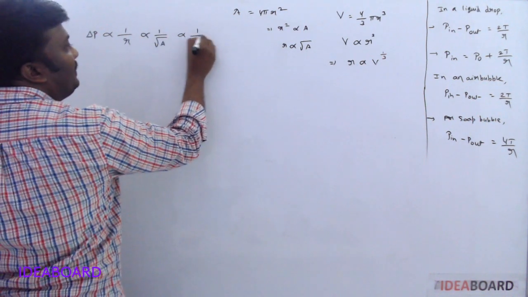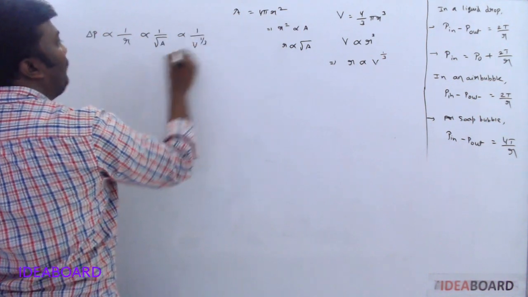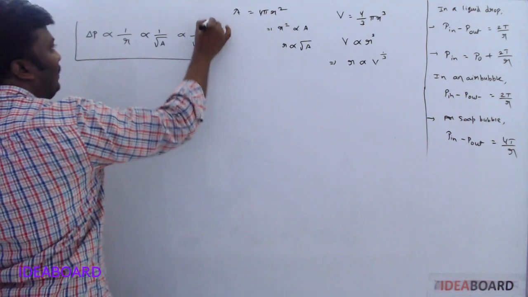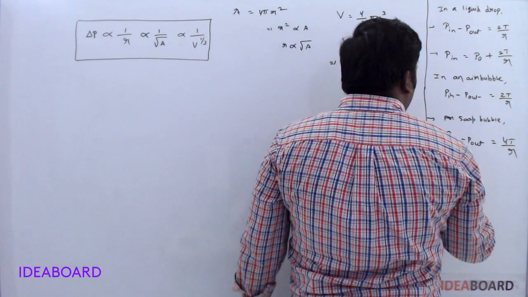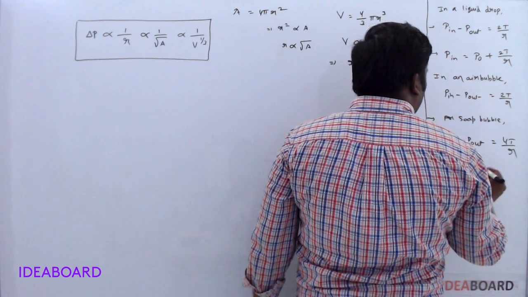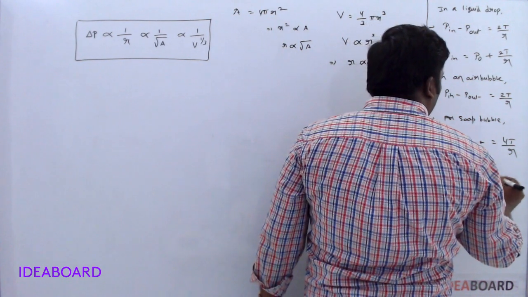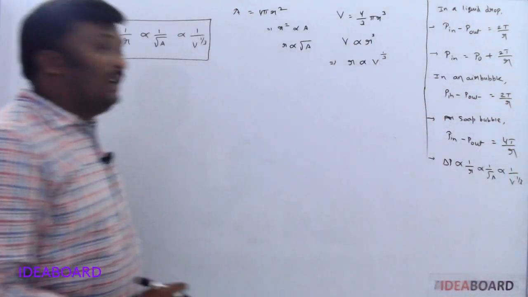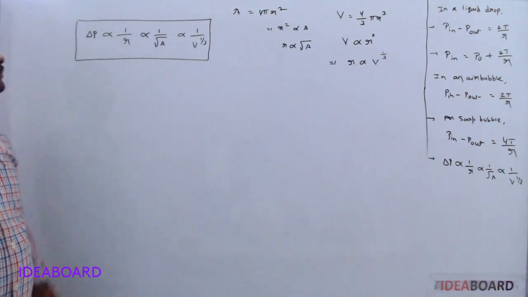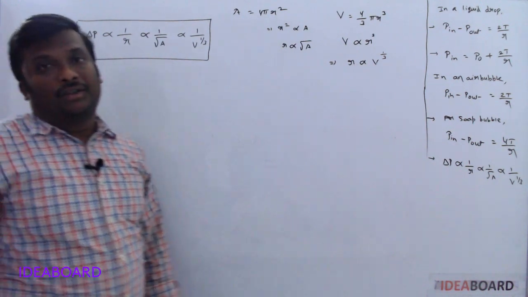So excess pressure is inversely proportional to V power 1 by 3. This relation is also very useful for doing numericals. Understand now? This is about excess pressure.